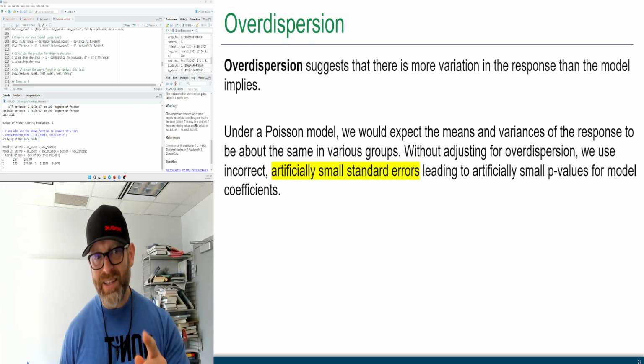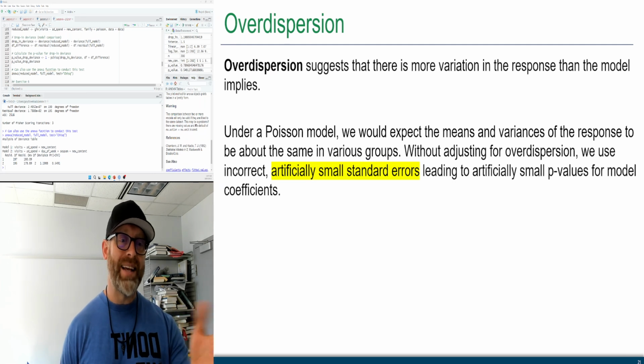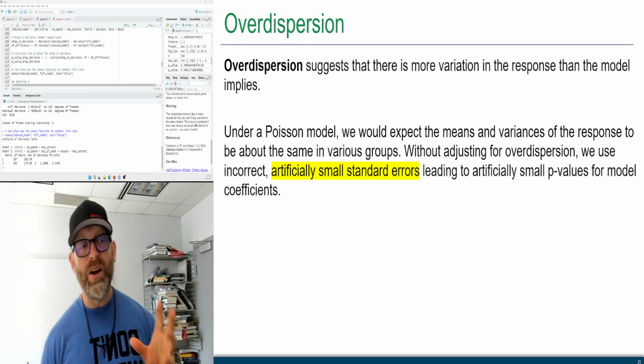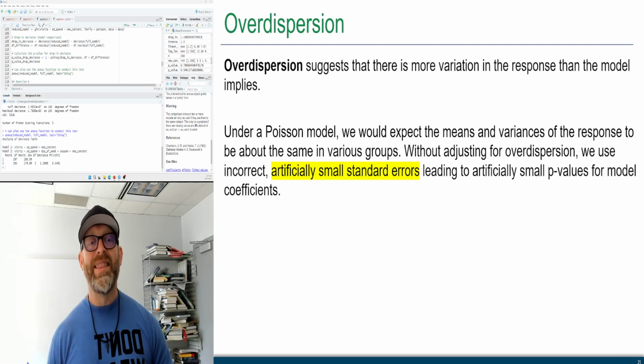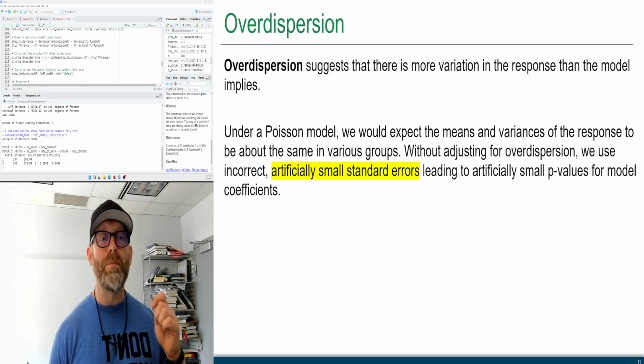Think about this. It's the same sort of thing as when we were talking about multicollinearity. There, we overinflated the standard errors, which decreased our test statistic but increased our p-values.